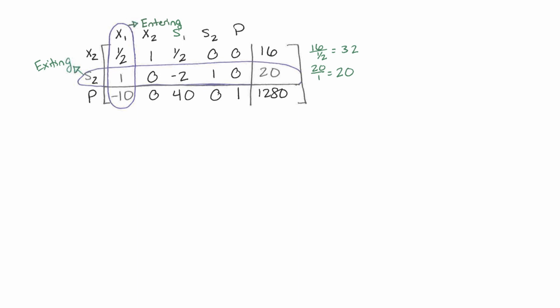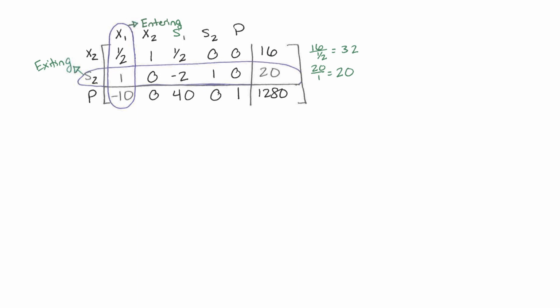Now, we choose our pivot row by looking at the quotient of the positive variables in that pivot column divided into the values in the last column. So 16 divided by 1/2 is 32. 20 divided by 1 is 20. So row 2 is our pivot row.